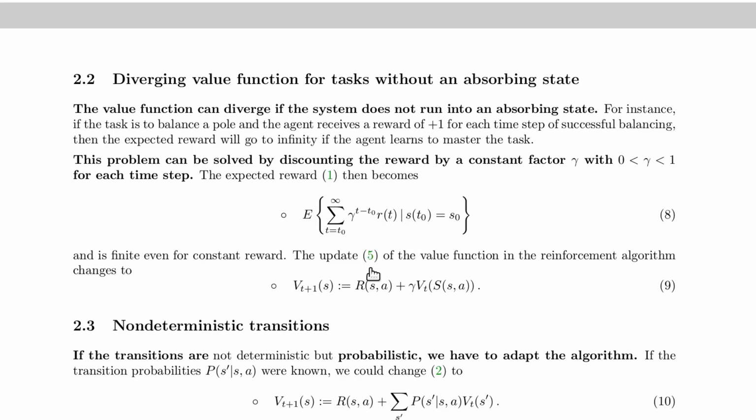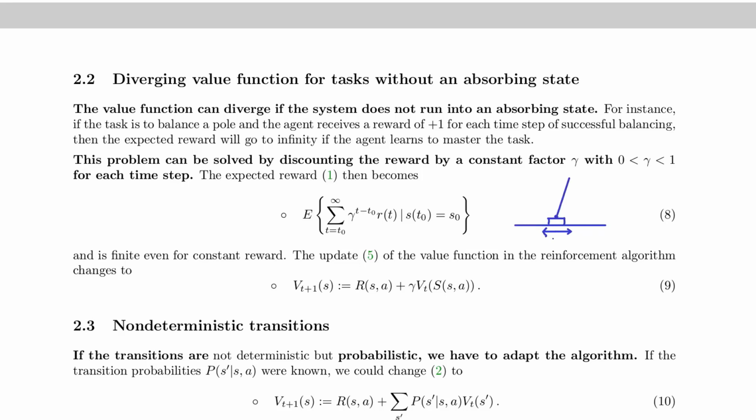So this would, for instance, be the case if you have a situation like pole balancing. So imagine you have a little cart here that can move left and right, and you have a pole that's being balanced.